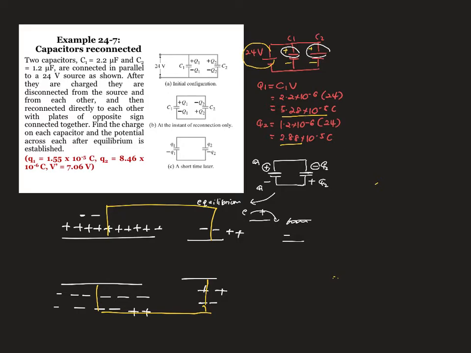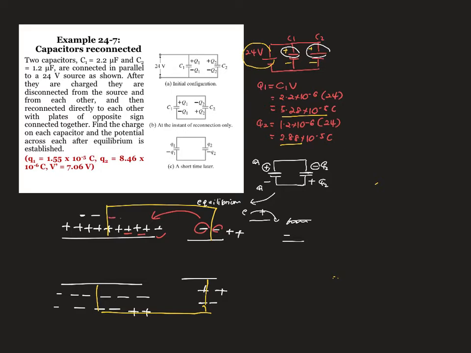The amount of charge depends on the magnitude of capacitance. You need to understand that even though this is a positive plate, it doesn't mean that all the charge there is positive. There will be some negative, but the majority of the charge is positive, and that's why we denote it as a positive plate. The electrons here are going to move because they are attracted to the positive charge.